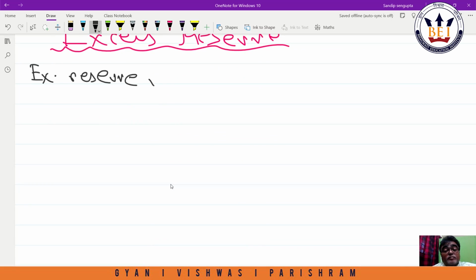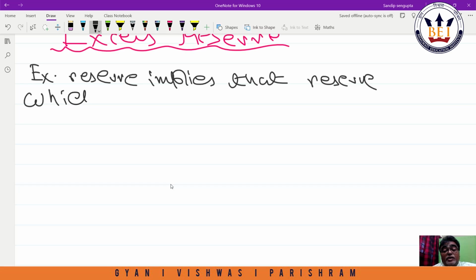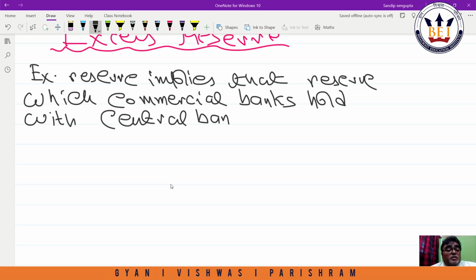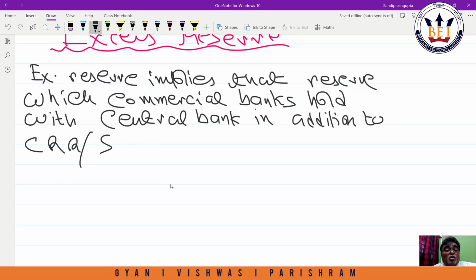Excess reserve implies that reserve which commercial banks hold with the central bank in addition to CRR, SLR, or legal reserve ratio, as some economists call it.